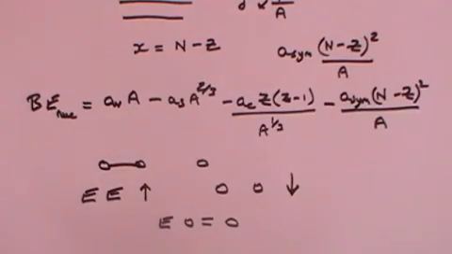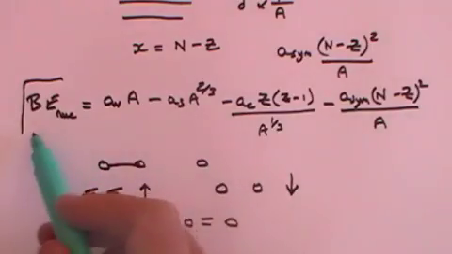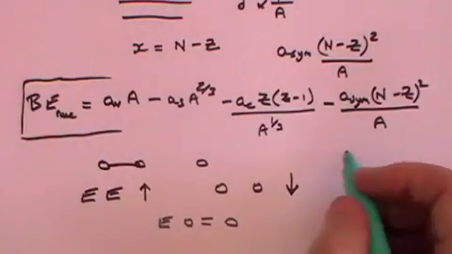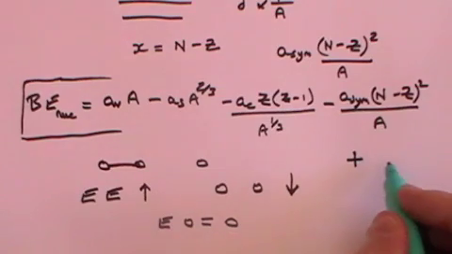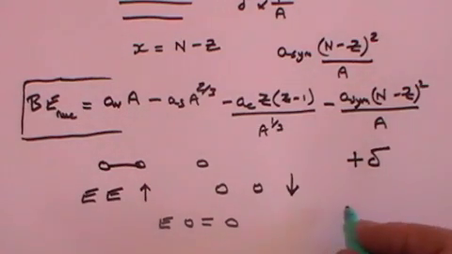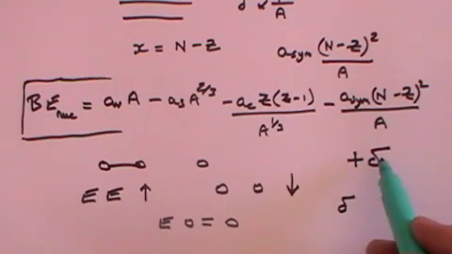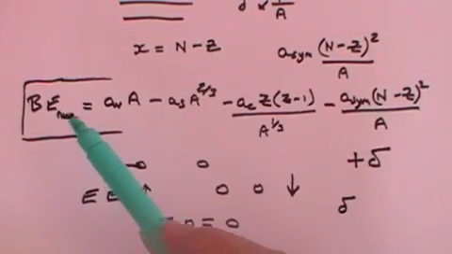So what we've got to do with this binding energy term here is to add just one more term to it, which I'm going to put down here. I'm just going to call it delta. It wasn't the delta we used before. This is now representing the proton pair issue. And that delta is going to be a plus term, so if it's positive, it will increase the binding energy.